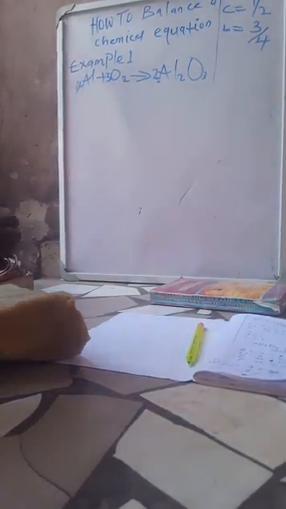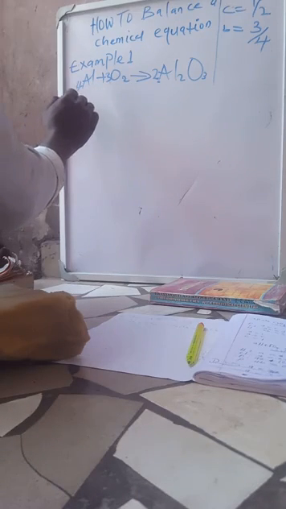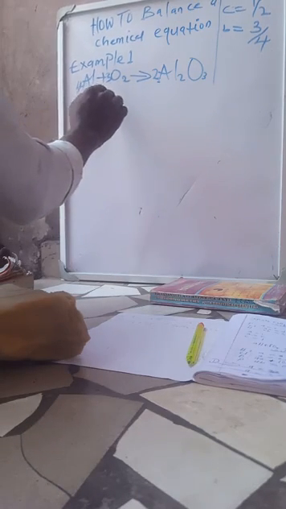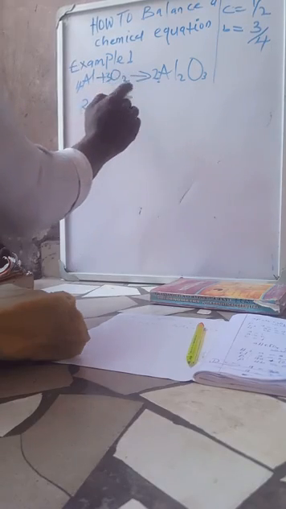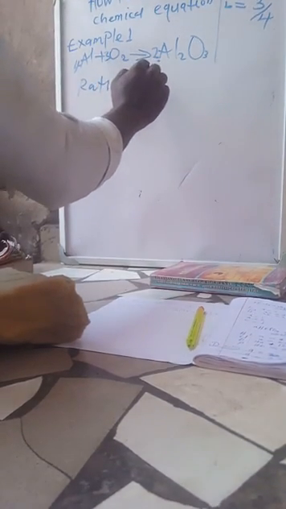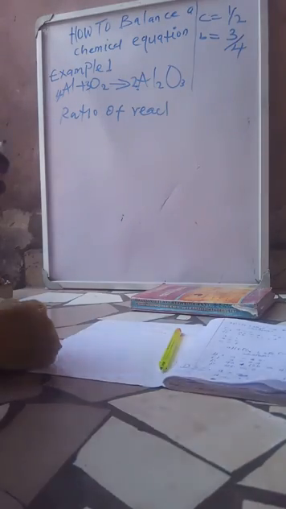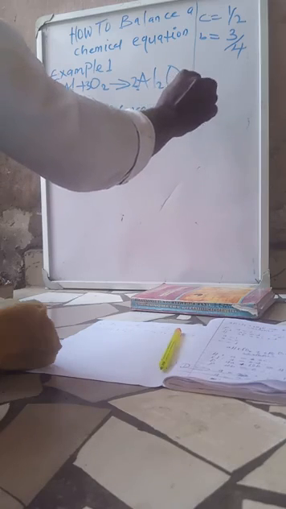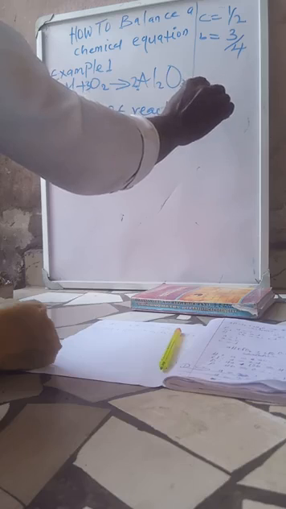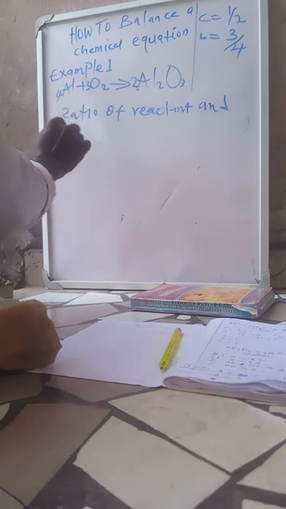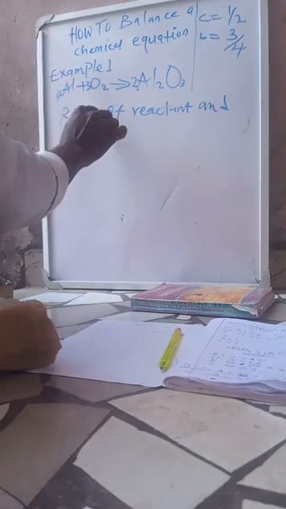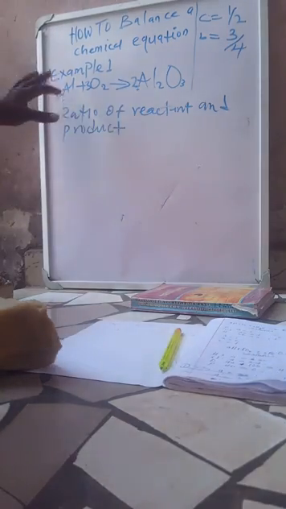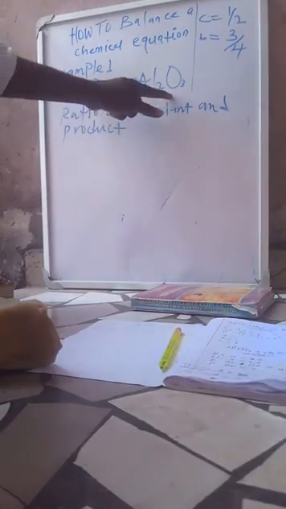So now let's write the ratio of reactant and product. Here is our reactant and here is our product.